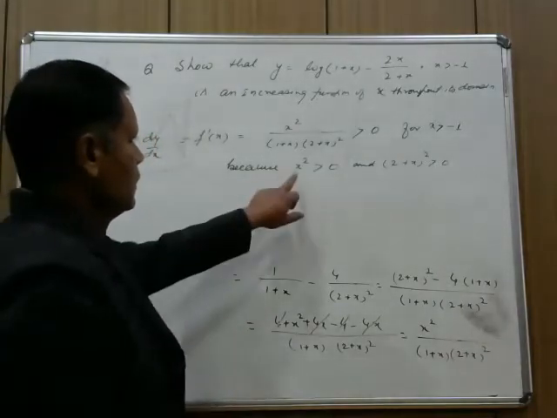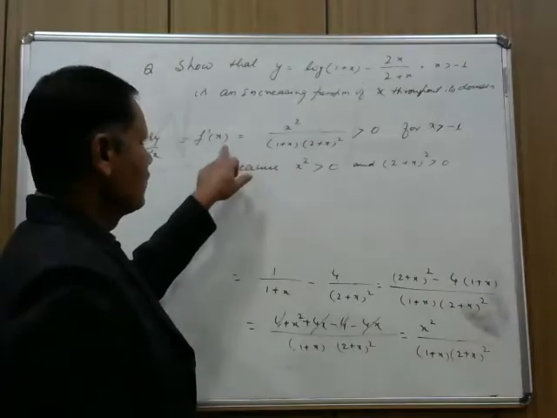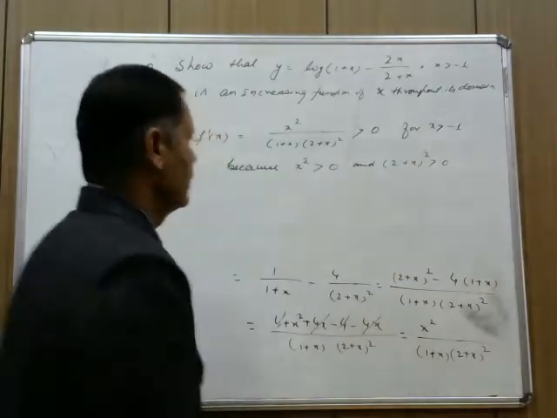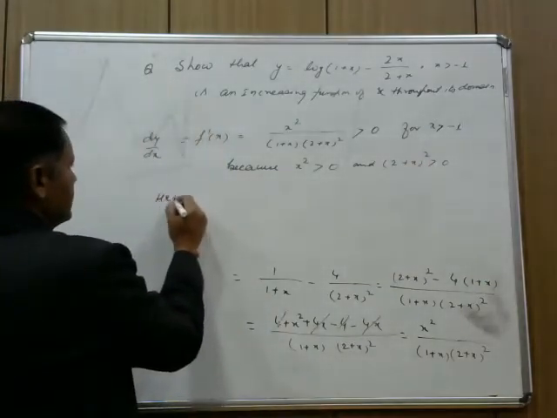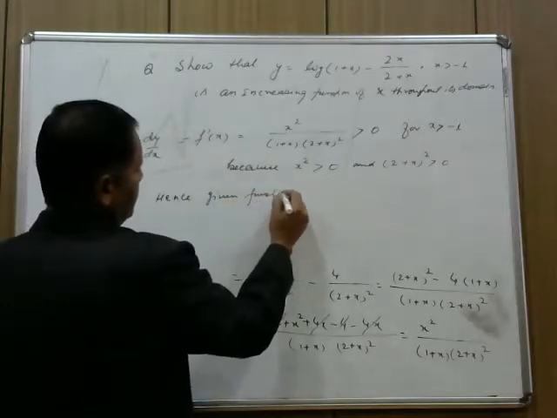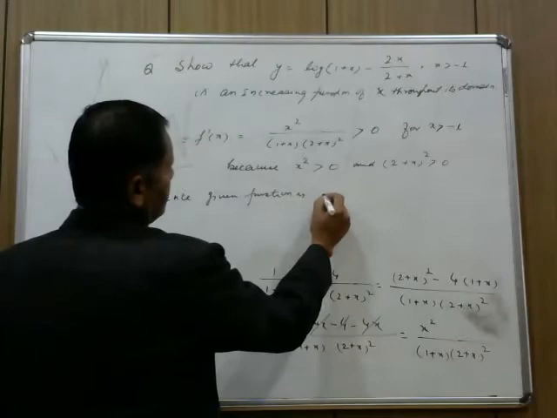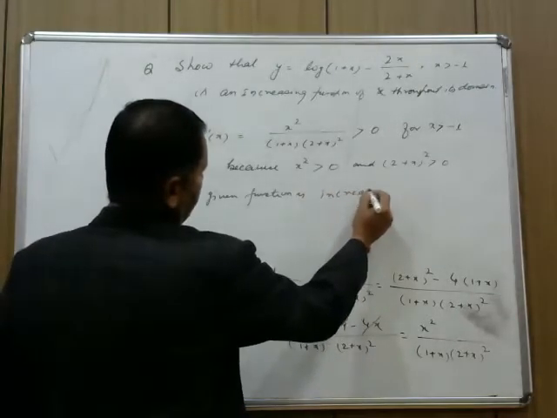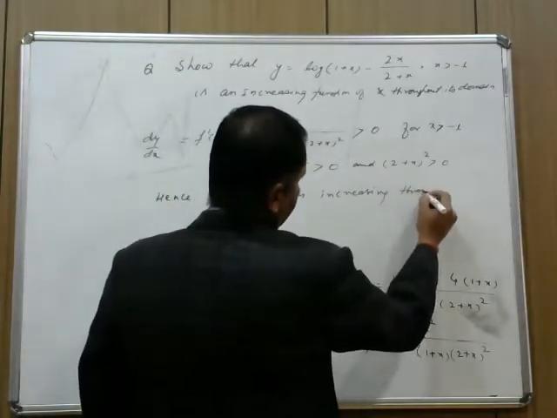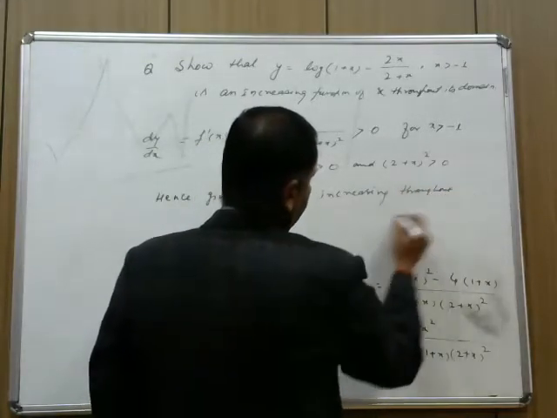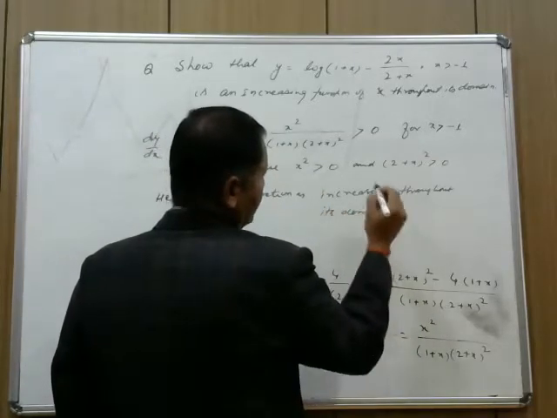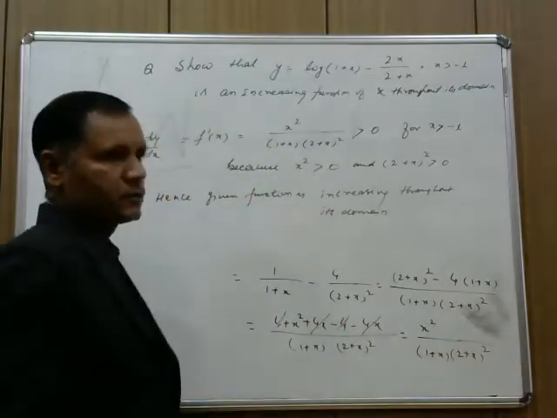So now the whole function f dash of x is greater than 0 for x greater than -1, and hence the given function is increasing throughout its domain, because this function is also defined only for x greater than -1, right?